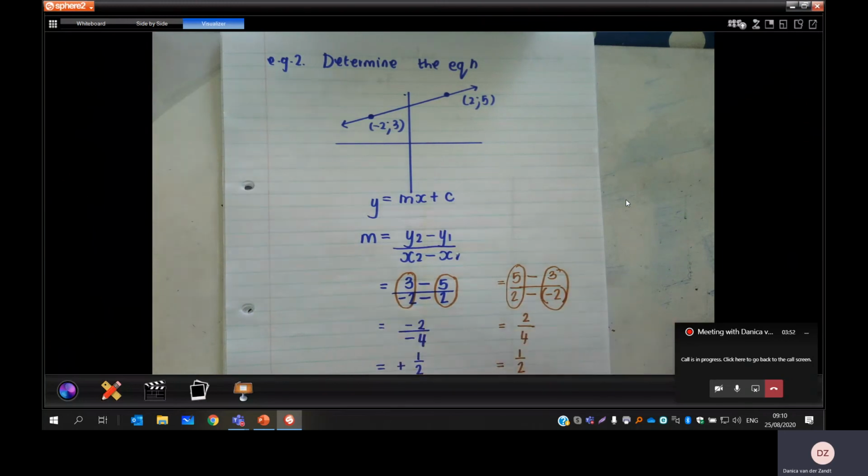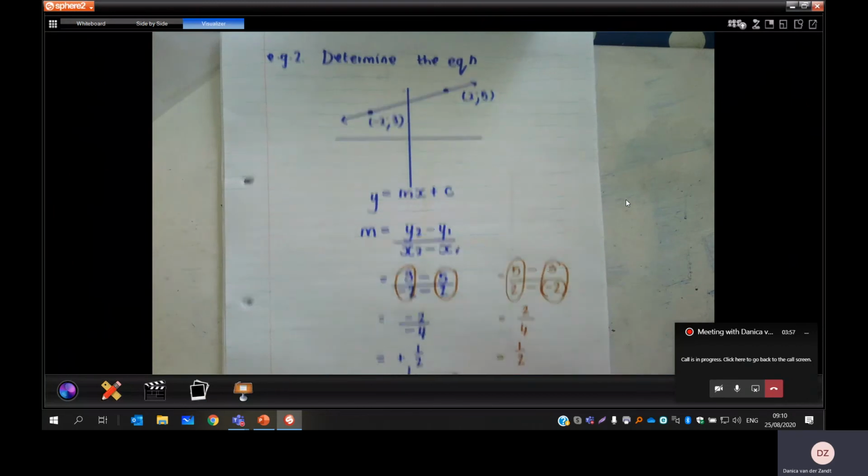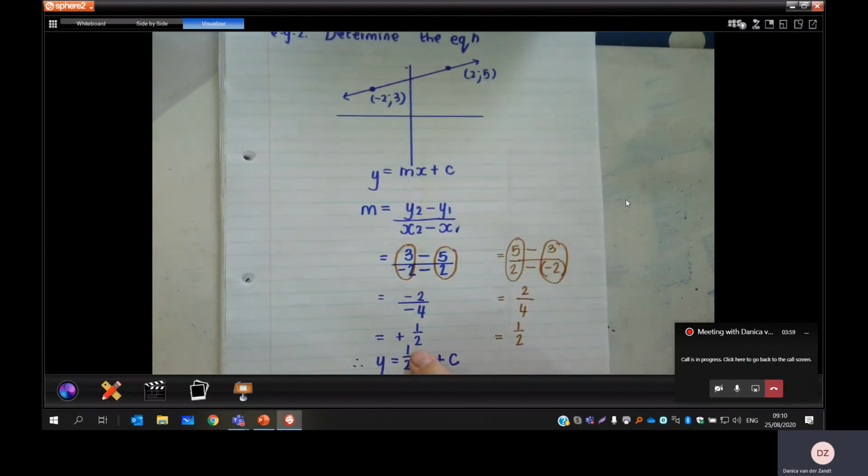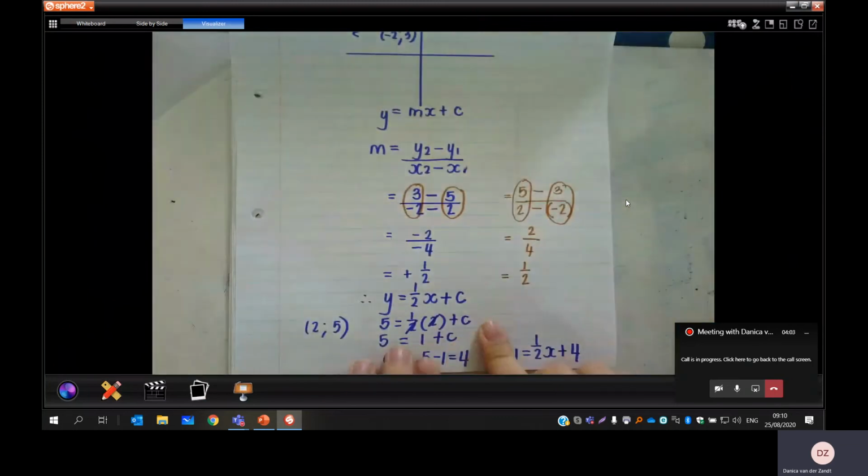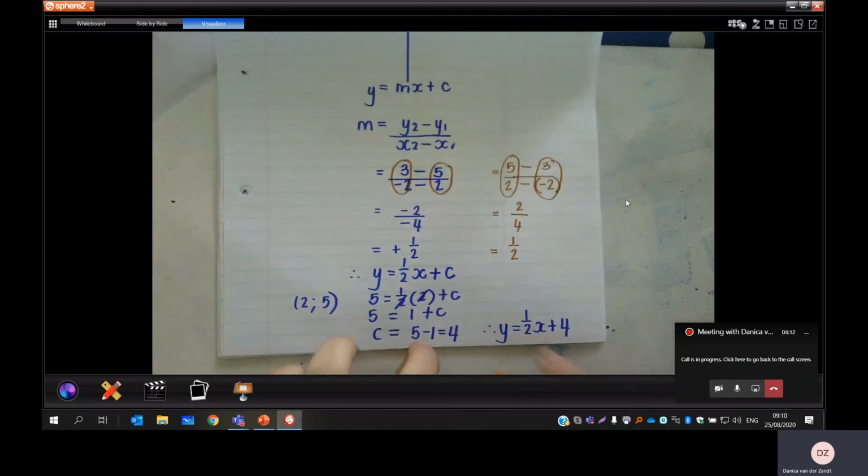You see that you land up with a gradient that's not what it is. We land up with negative a half, which is not the same as a positive half. Then we wrote down the updated equation. We substituted in any point, can be either one of them, and we found that the equation equals half x plus 4. And that's what we did yesterday.